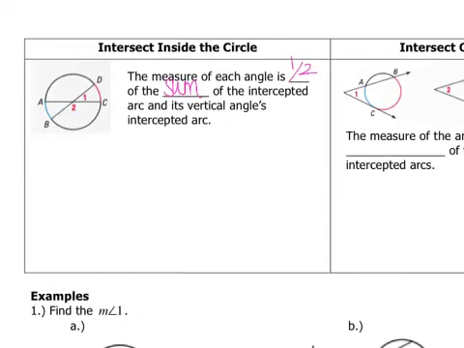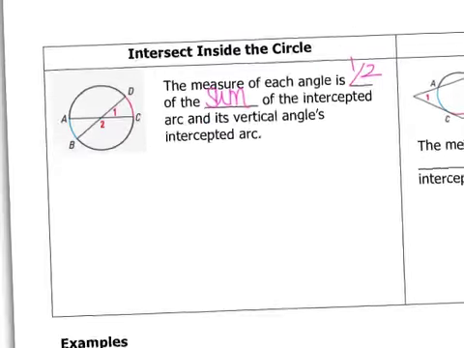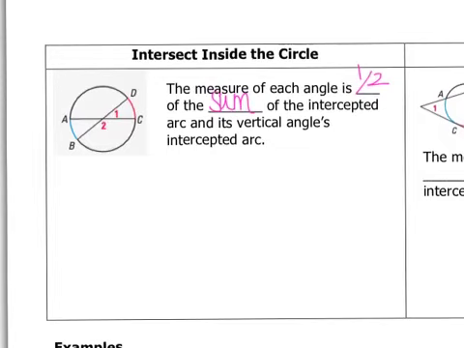So grab your highlighter in Notability. This works really well if we kind of highlight this out. So pick one color. I'm going to start with angle 1. The measure of angle 1 is equal to half the sum of its intercepted arc and its vertical angle's intercepted arc.